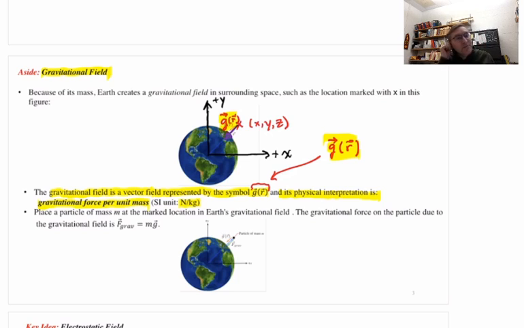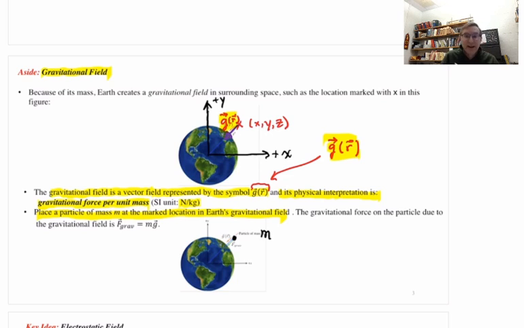Here's where the next big step is. Suppose somebody comes along with their favorite pet particle that has some mass m, and they place it at the point where I had the red X. Okay? Place a particle of mass m at the marked location in Earth's gravitational field. So now there is an actual particle put there.